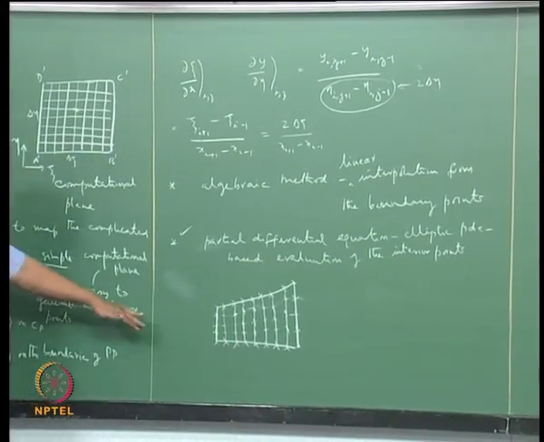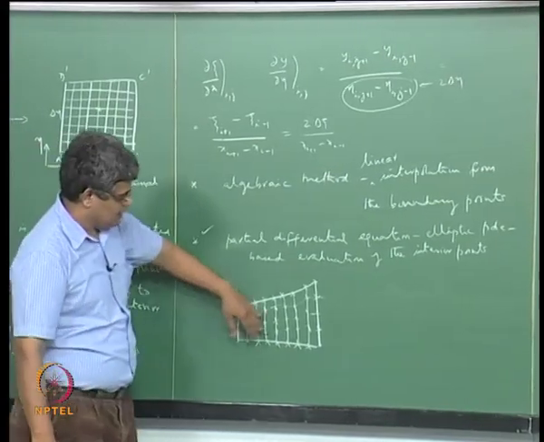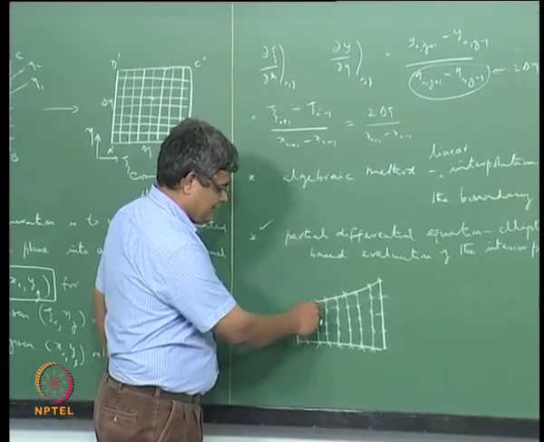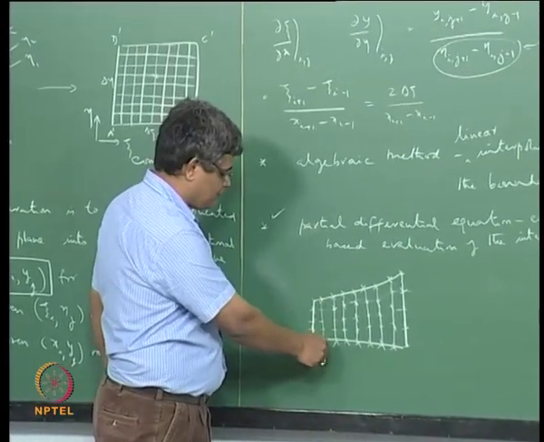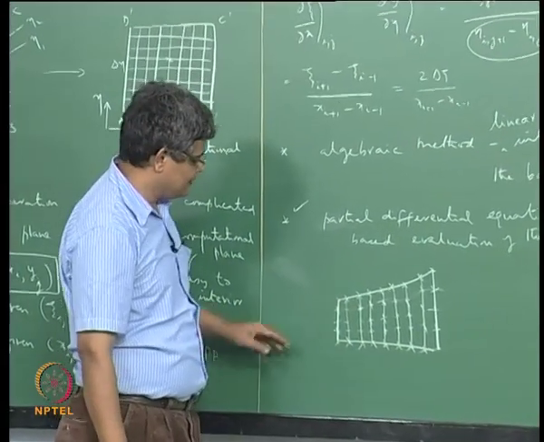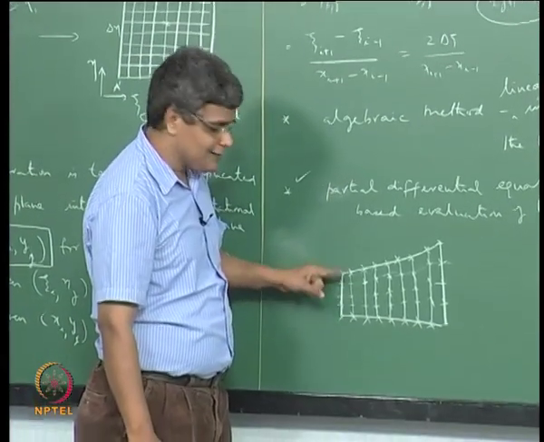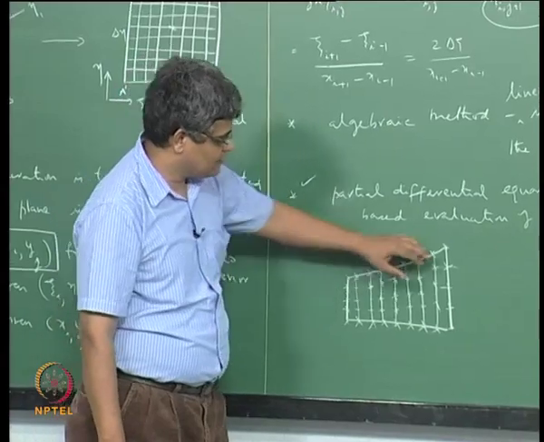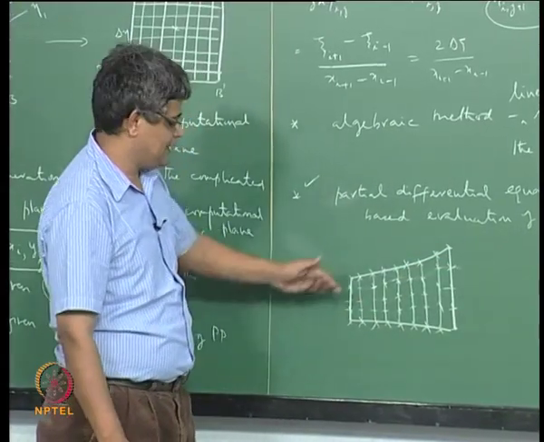So in this way we can do an interpolation, that is we join the two extreme boundary points by a line here, and then we can divide each line into equal number of segments corresponding to the number of segments on the other side.